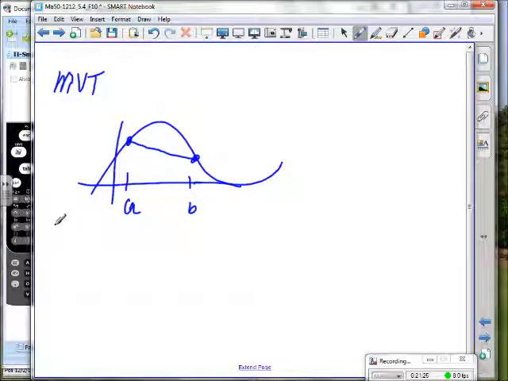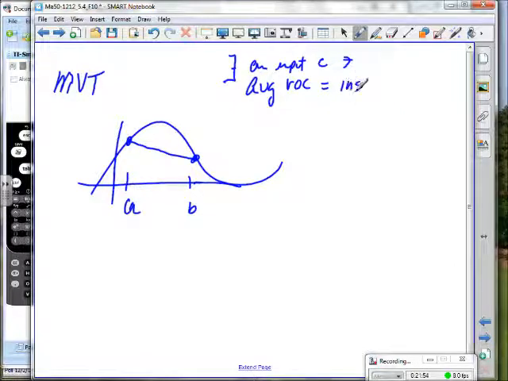What's the rest of it? Okay, there exists, that's a symbol we can use for there exists, an input C such that the average rate of change is the same thing as the instantaneous rate of change.